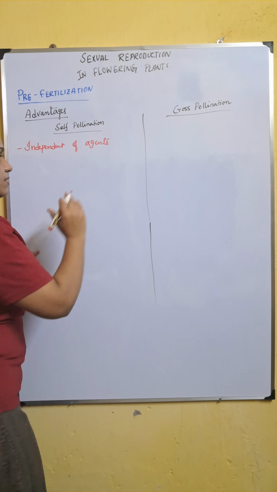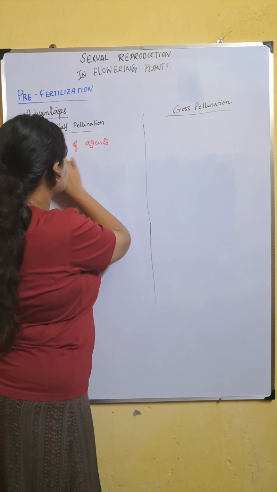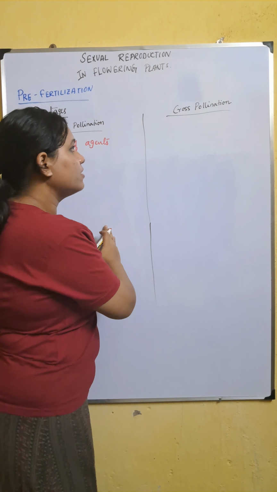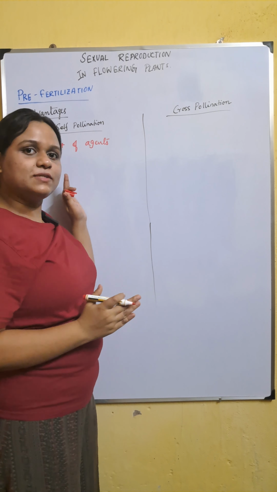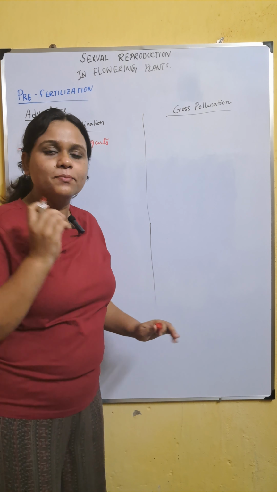The advantage of self-pollination will be the disadvantage of cross-pollination. This is a simple trick.